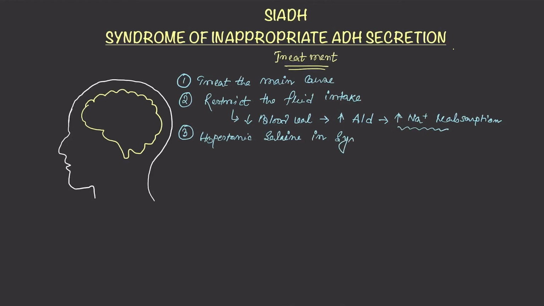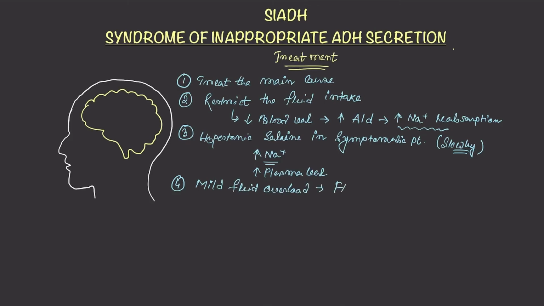Whenever you infuse hypertonic saline, it will increase the sodium ion level in our body, and that increased sodium tries to keep the water along with it, so it tends to increase the plasma volume. If there is mild fluid overload in the body, you can give diuretics like furosemide.